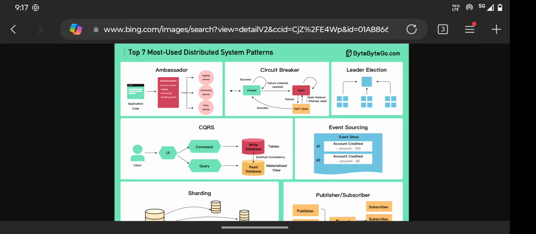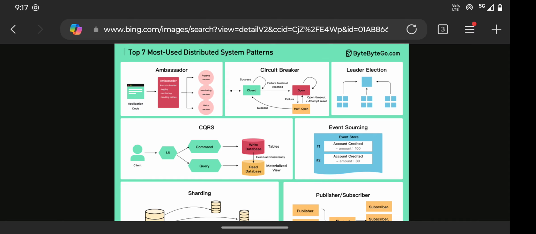So for that we need a proper infrastructure. You need to design the system in such a way. So how can you design that? That's where we will talk about the distributed system architecture.